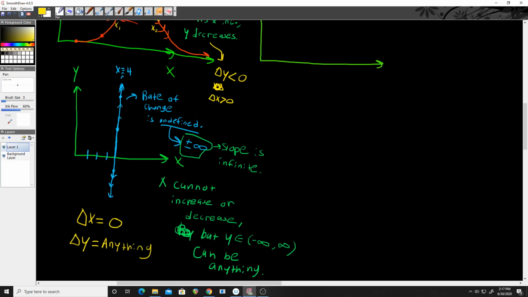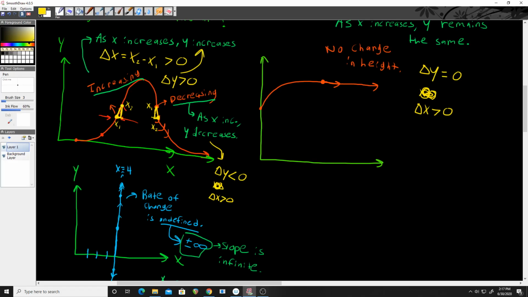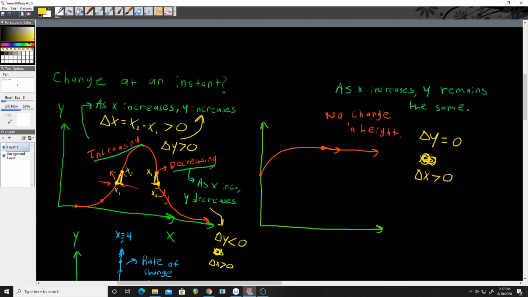Okay, let's go ahead and just write an expression for slope, and we'll call it that for this first video. Slope from good old algebra is just y2 minus y1 over x2 minus x1, and we can abbreviate that as delta y over delta x.